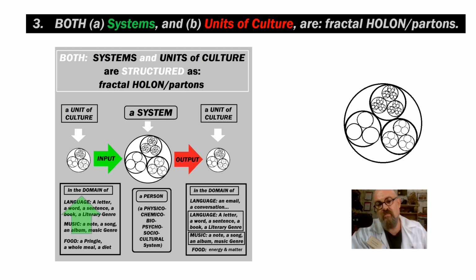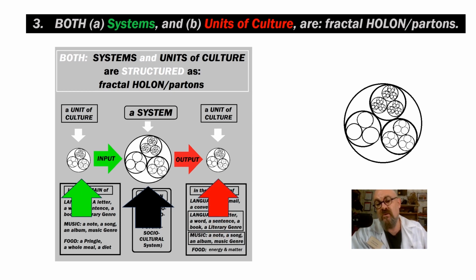Inputs over here: maybe think of when someone hears a new word. That new word is a unit of culture, and it's heard by the person, who is a biological system, or a physico-chemico-geobiological system. If they speak that new word to somebody else, that's an output, in the domain of spoken language.